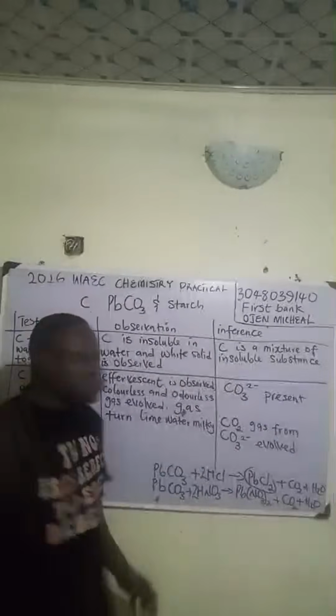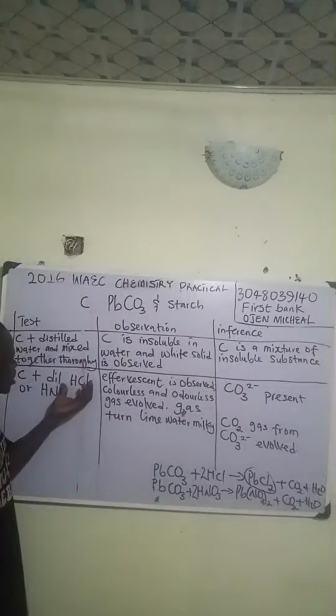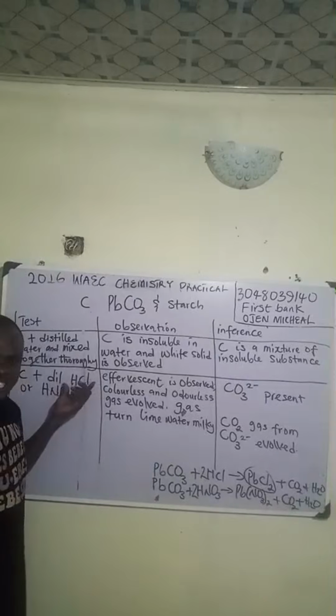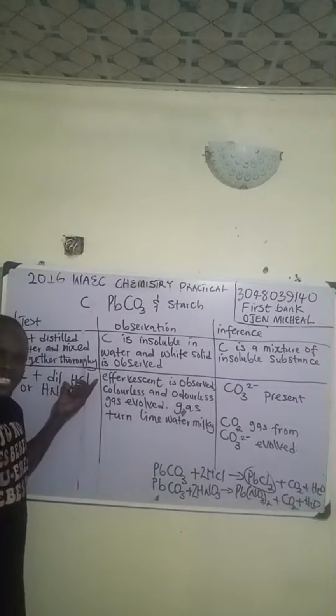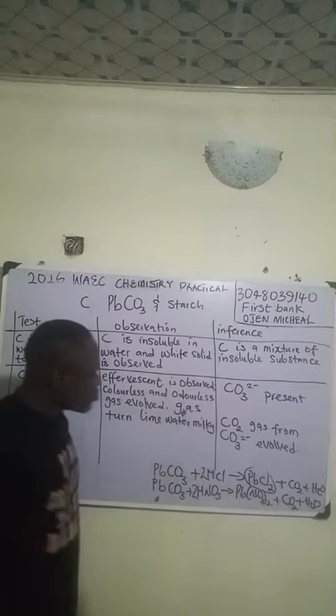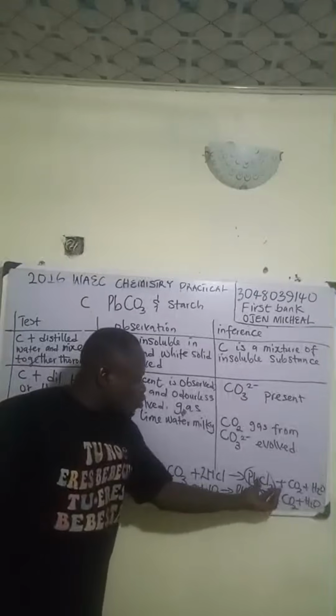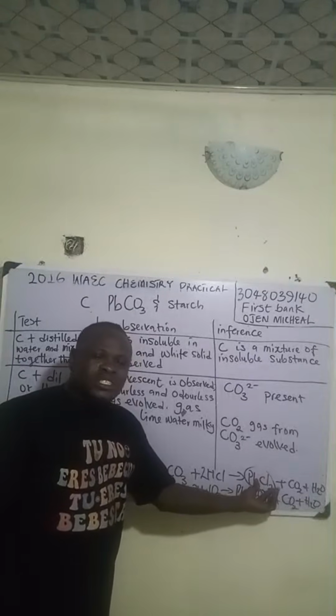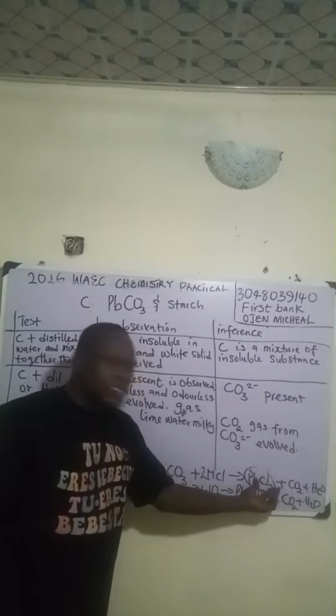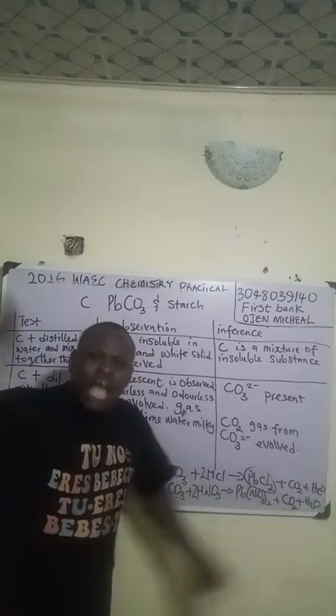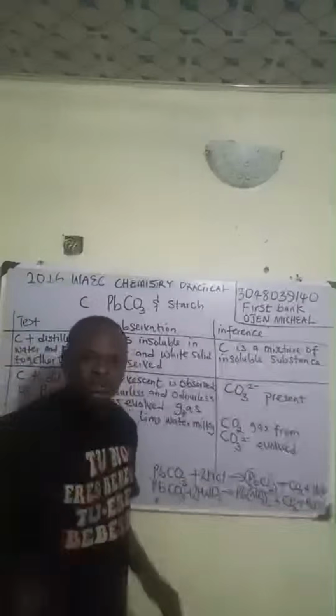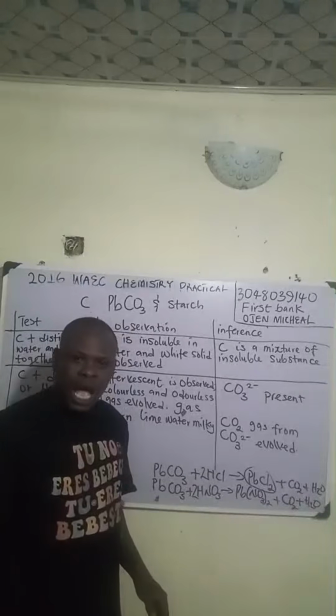One thing I told you, if you use HCl, we are going to treat HCl first. If you use HCl and add, this is what is going to form. This lead chloride is insoluble. Therefore, you need to heat it. Are you following?